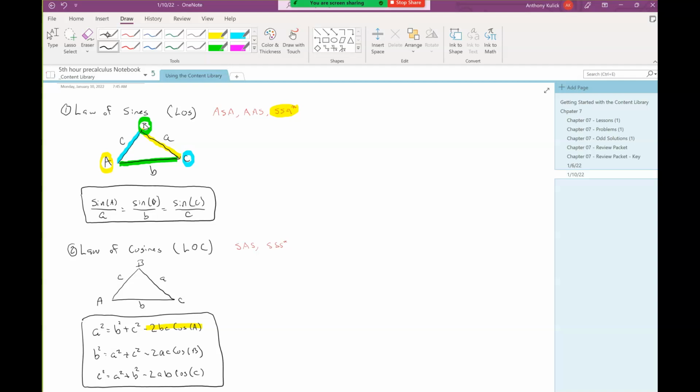So we talked about what kind of instances we would use one versus the other. For the law of sines, when we're given angle side angle, or angle angle side, we're going to use the law of sines. And if we have a side angle side or a side side side situation, we'll use the law of cosines.